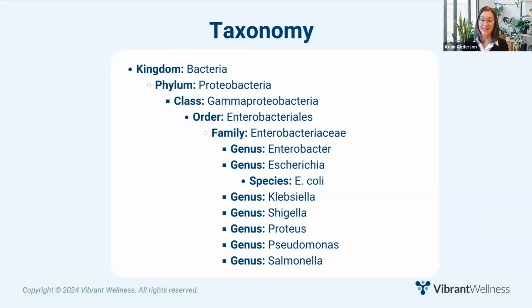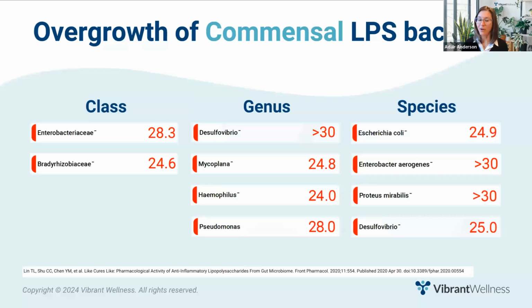For those who need a taxonomy refresher, we name organisms based on their kingdom, phyla, class, order, family, genus, and species. Most LPS-producing bacteria are in the Enterobacteriaceae family, which is housed under the Proteobacteria phyla. The Enterobacteriaceae family includes Klebsiella, Shigella, Salmonella, Proteus, Enterobacter, and E. coli. Therefore, another sign of inflammatory dysbiosis is overgrowth of pro-inflammatory LPS bacteria.